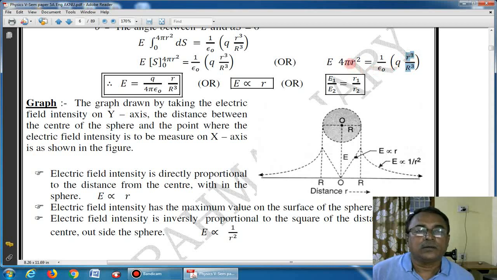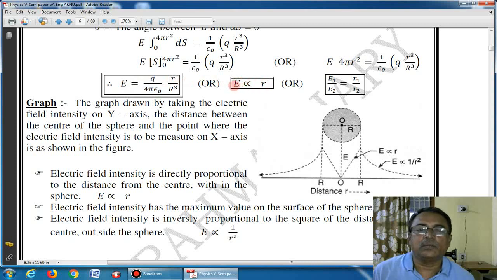Take this 4 pi to the other side, that is to the right hand side, then this will become q by 4 pi epsilon naught into small r by capital R cube. Capital R cube is also a constant, and q by 4 pi epsilon naught is also a constant. If you take these two as constants, then the relation between E and r is directly proportional.